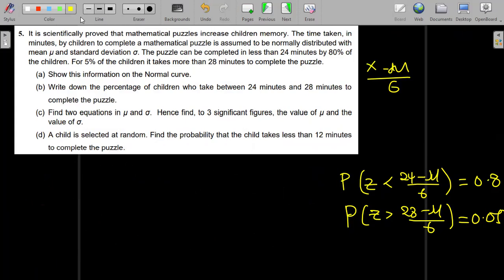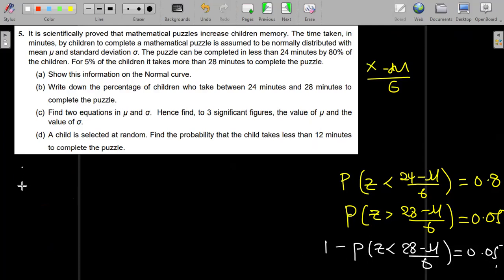Okay, so now let's simplify this guy. So this guy has a greater than here, so it has to be less than. So this one, by the complement rule, it's the same as 1 minus the probability that z is now less than 28 minus mu over sigma is equals to 0.05. So this is what I have. So it means I can bring this to the other side.